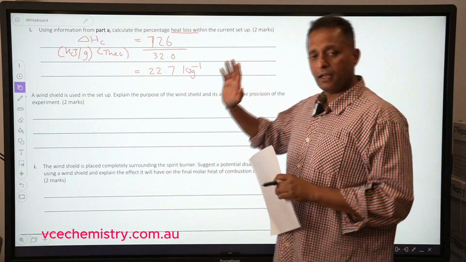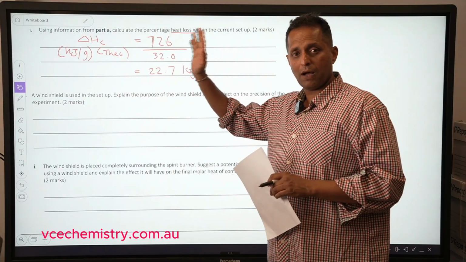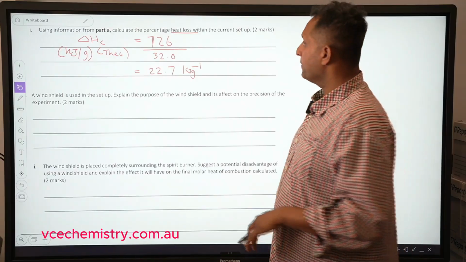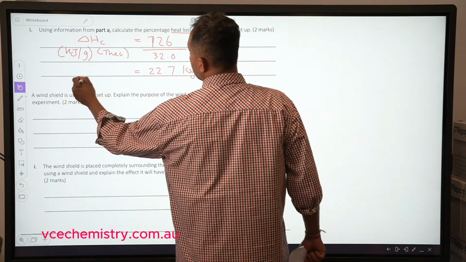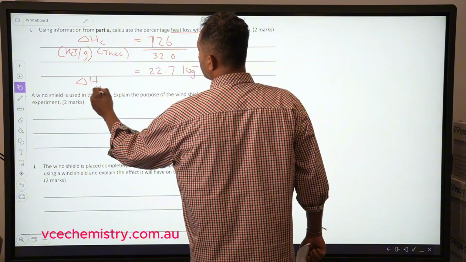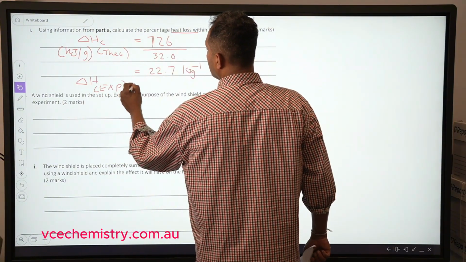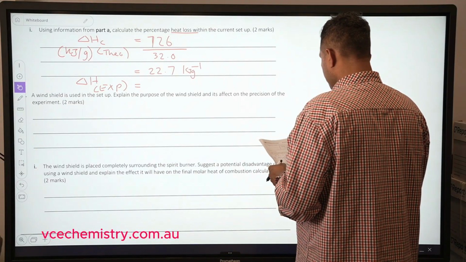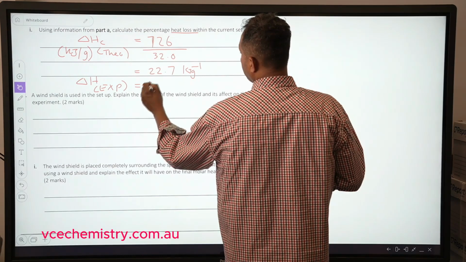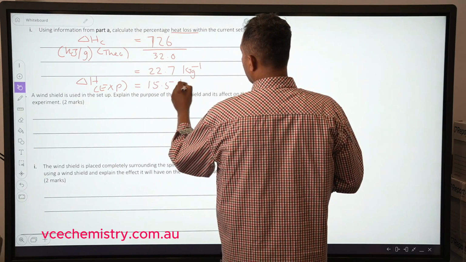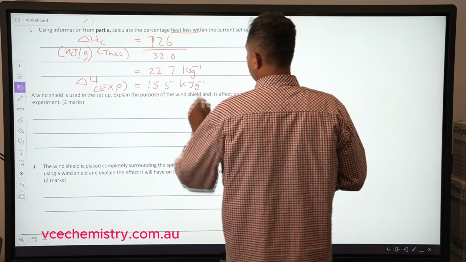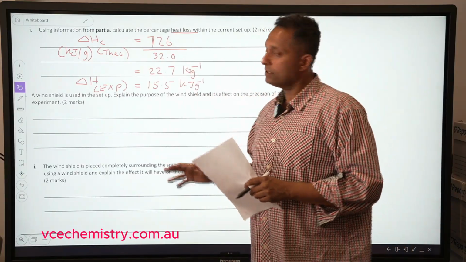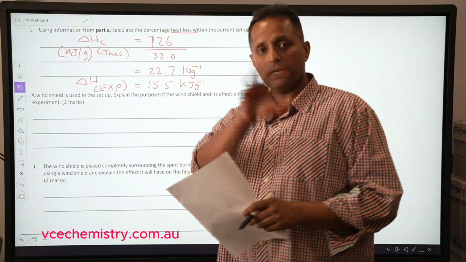Now in the previous part of this question, we found the experimental value, delta HC experimental. We have found it already, remember, which was 15.5 kilojoules per gram. Now we are going to find the heat loss in kilojoules per gram.